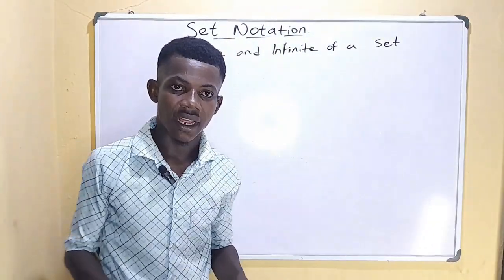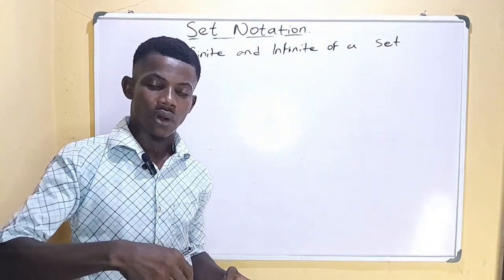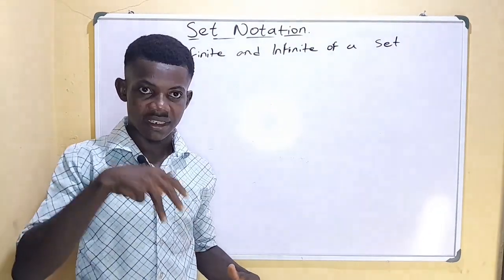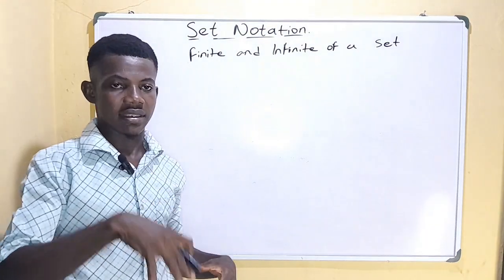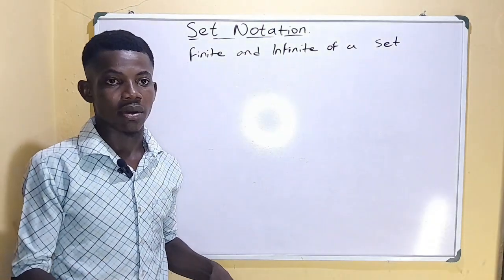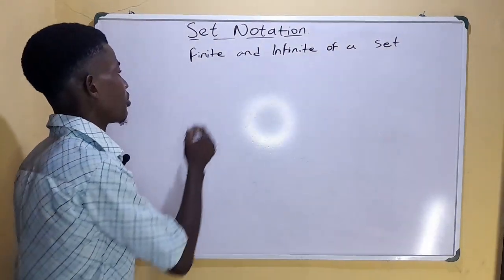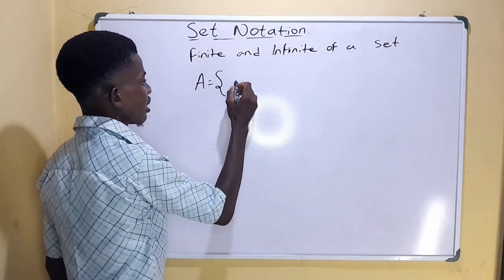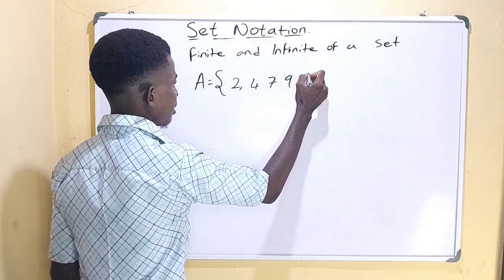Finite and infinite sets. A set is finite when the number of elements inside that set, or the cardinality of that set, is countable. Example, let's say a set A, still 2, 4, 7, 9, 6.